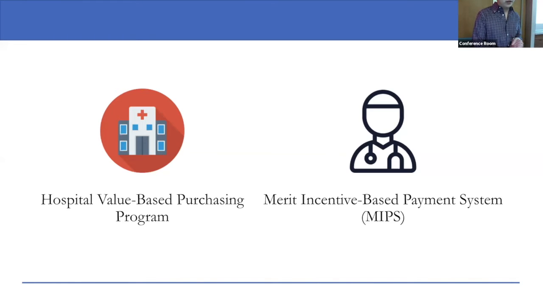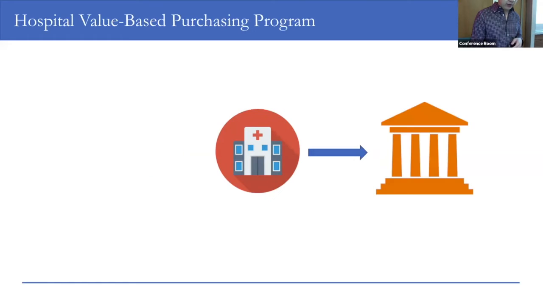So the first one, the Hospital Value-Based Purchasing Program. In this program, hospitals monitor different quality metrics and then submit them to CMS, and they can receive incentive payments based on their compliance with those metrics.